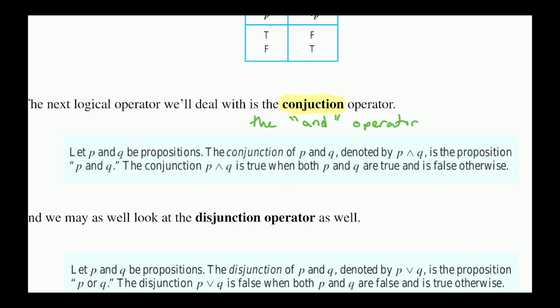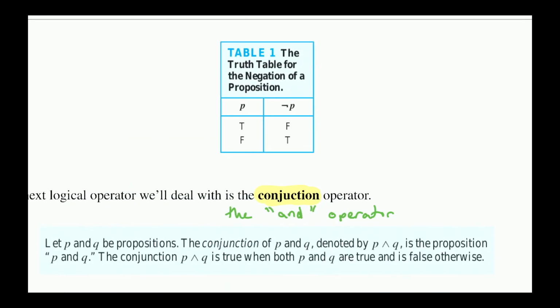The way I remember it, because we're going to do the one for or in a second, I don't know why this works, but the way it was taught to me was that this kind of looks like an N for and, and that was enough to make it make sense to me.